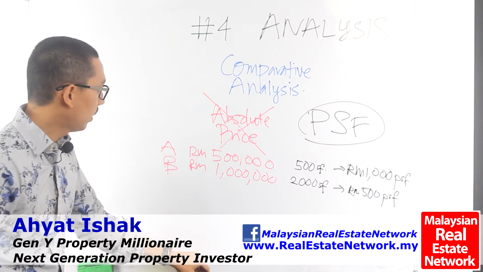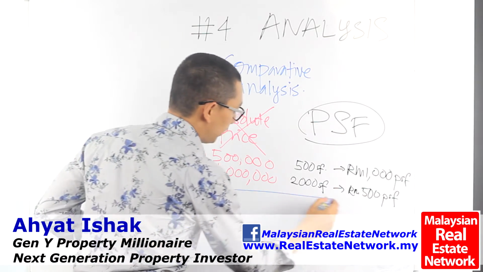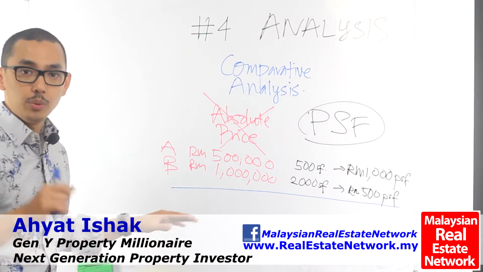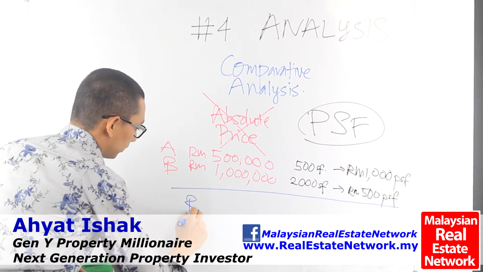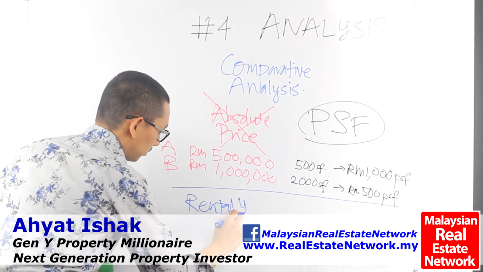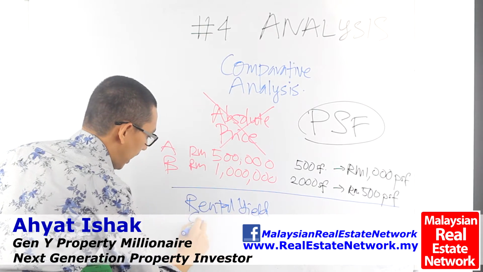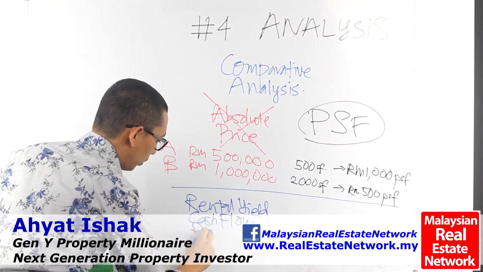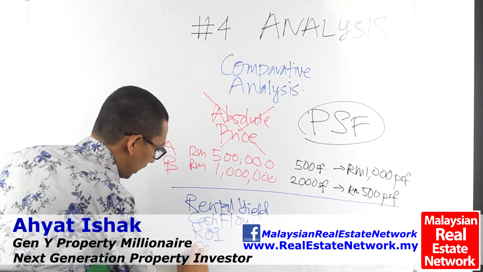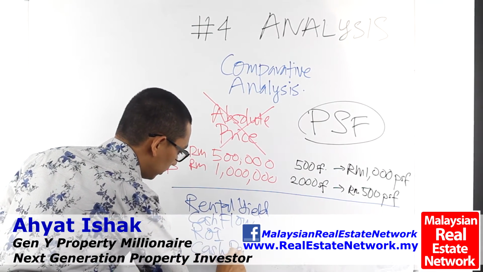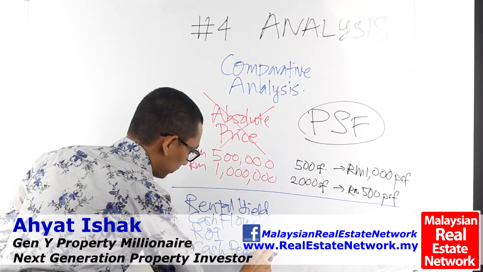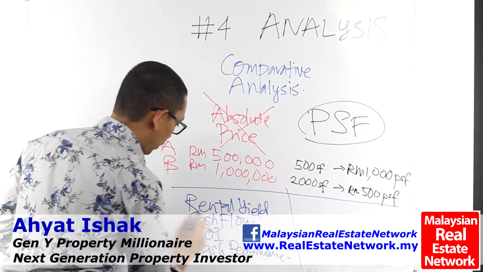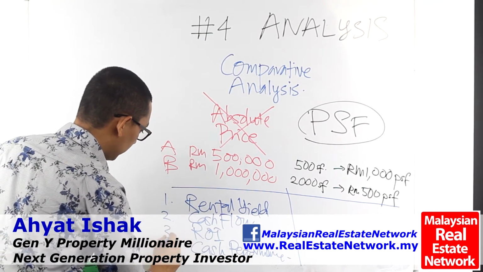Remember that we learned about, I'm just going to do it down here. Remember we talked about rental yield. We talked about cash flow. We talked about the ROI, and we talked about the cash performance, right? So let's say you've got all these indicators.